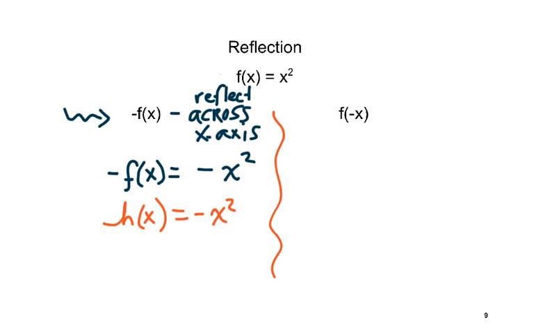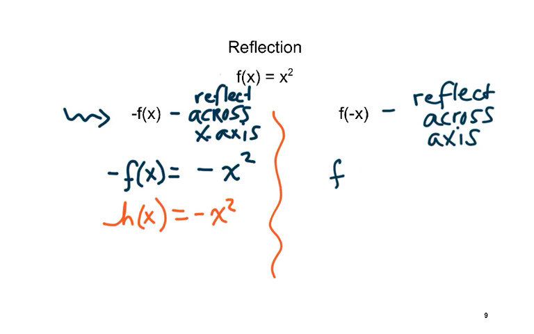So we're going to talk about what this graph looks like in a minute, but you would expect all the y values to be negative. So for this, though, let's say we want to reflect across the y-axis. We would take the function f of x, and we would negate or make a negative x value. So anywhere where there's an x, we're going to put a negative x.